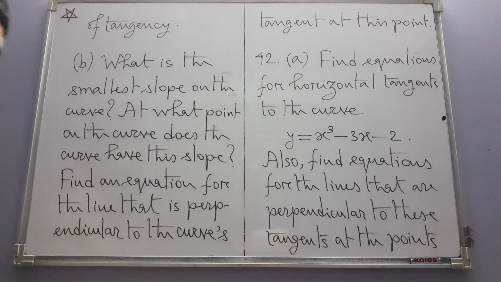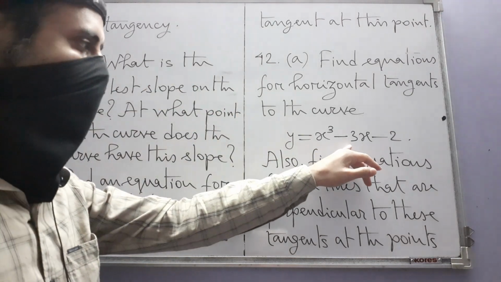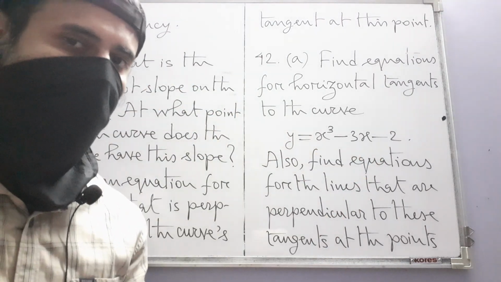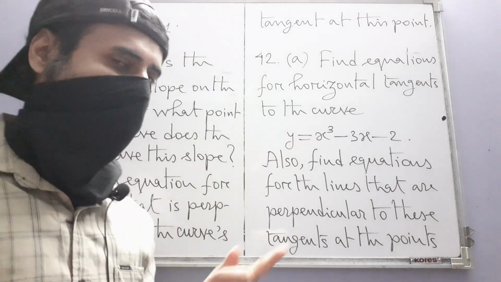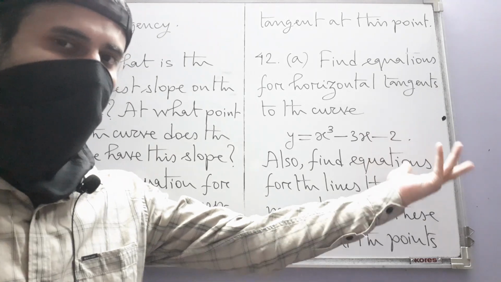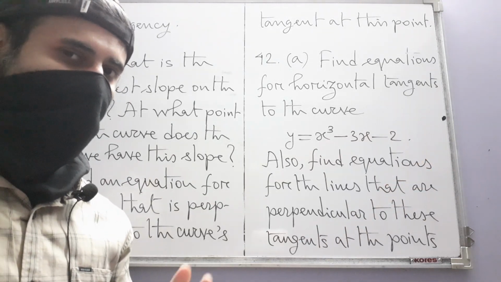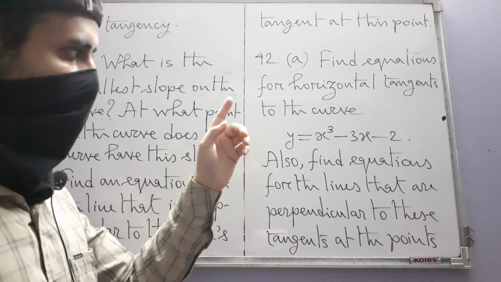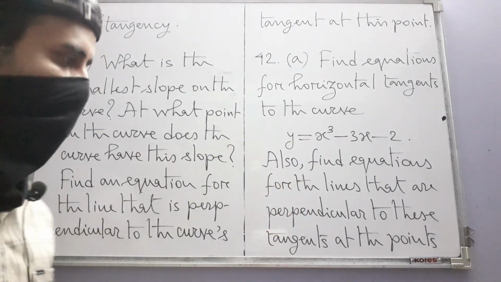So obviously you now know that the smallest possible slope is minus 3. You find the point where this is attained. X value will be 0 and y value, you can immediately see what the y value is, minus 2. So at 0 comma minus 2, this smallest slope of minus 3 is attained on this curve.